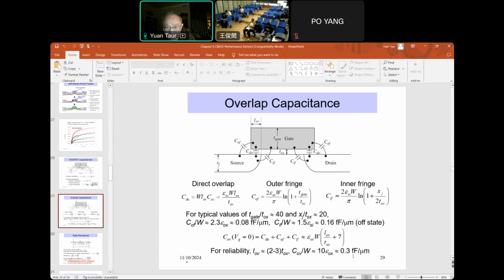And that's independent of technology generation. It's possible to do much worse than that if you have too much direct overlap, but it's hard to get much smaller than this figure, 0.3 femtofarad per micron on each edge.